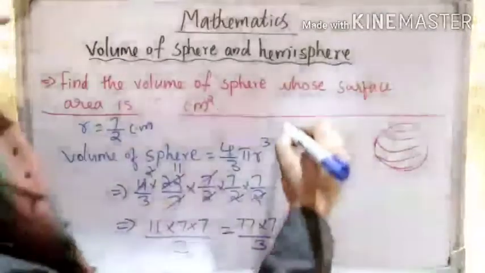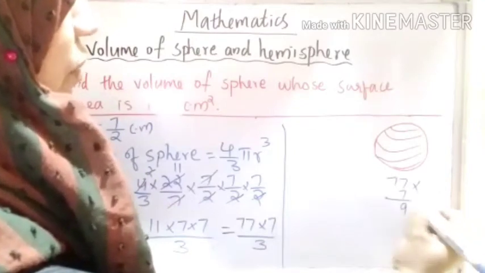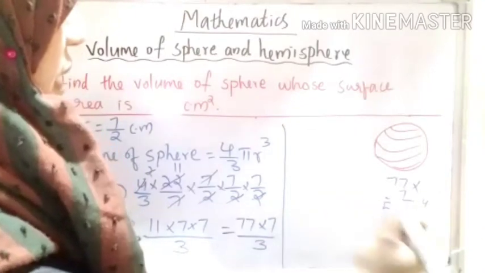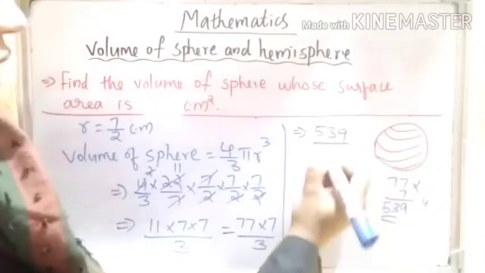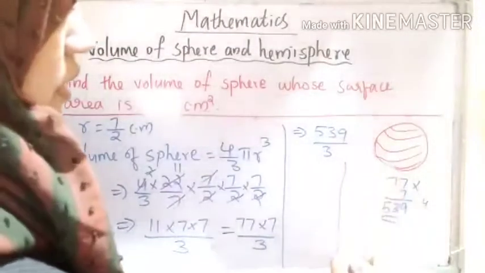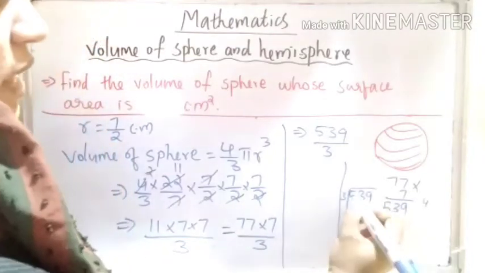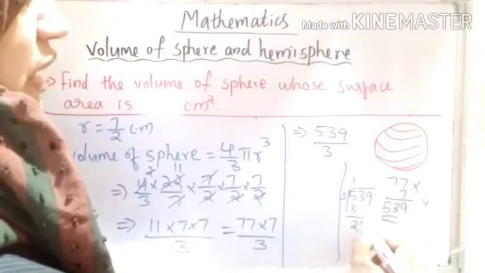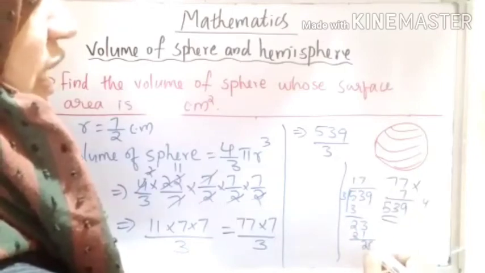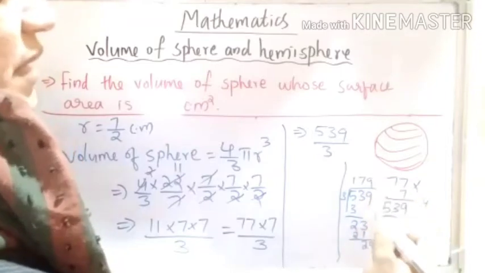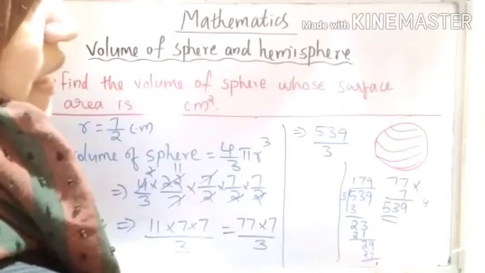That is 11 into 7, 77 into 7, which implies 539 divided by 3. 5 one time, then 3, 23, 7 times 21, then 2, 29. How many times? 9 times, then 27. Then what remains? Remainder is 2.